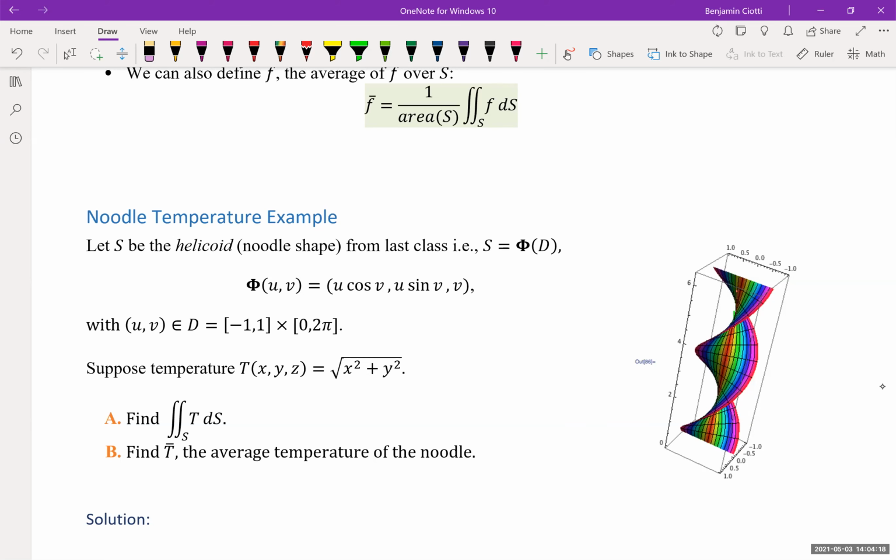And that's the temperature. So the noodle is hottest on its two outer edges, and it's coldest right down the middle. And we want to find the average temperature, but first, let's integrate the temperature. So that's part A of this problem, and then we'll use that for part B.